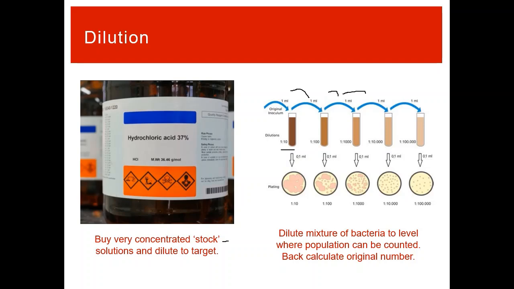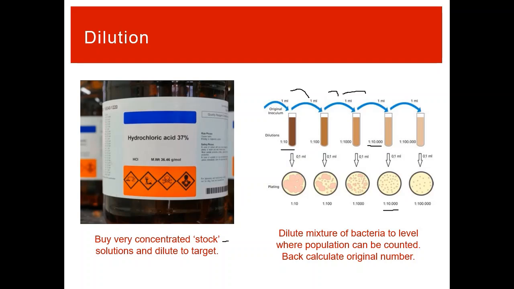Then in this more dilute solution, the number of bacteria is low enough that you can start to count them. So you can count the concentration of bacteria in the dilute solution, and then do the math backwards to figure out what the concentration of the original solution was.